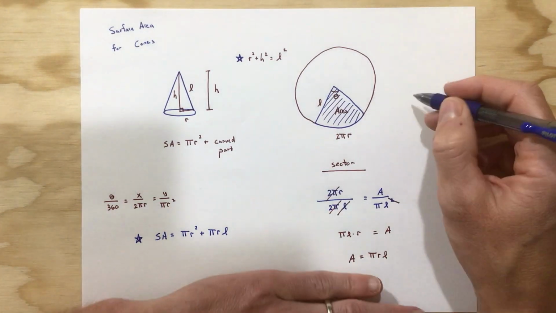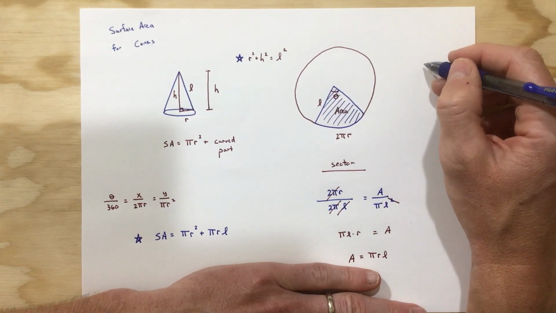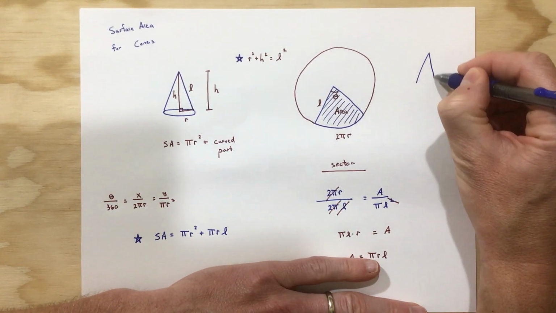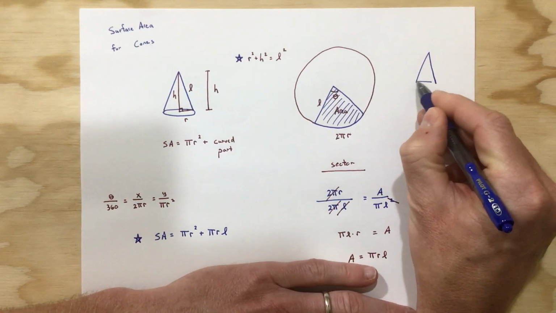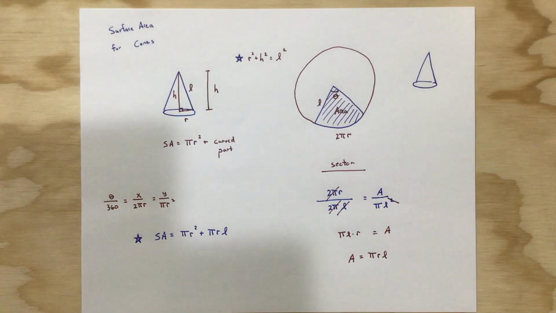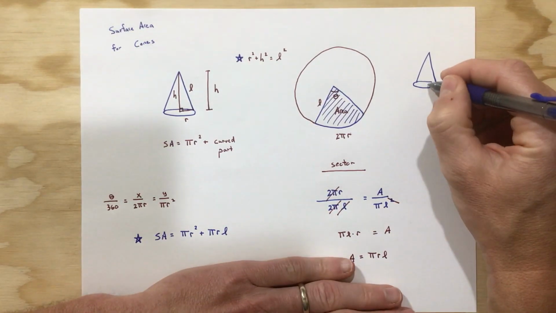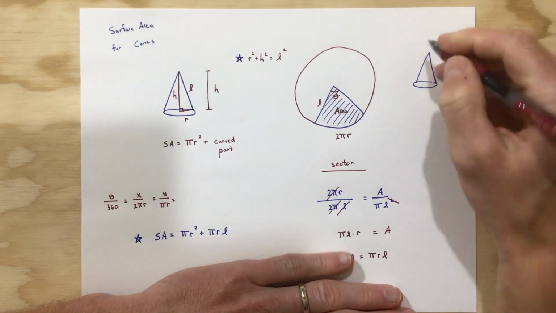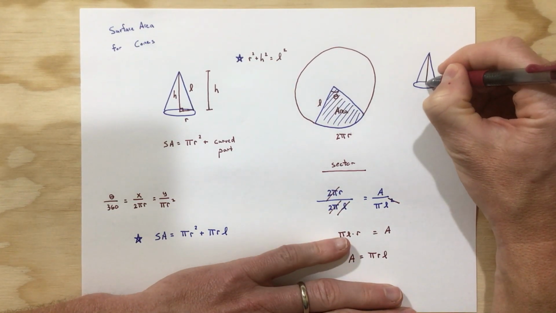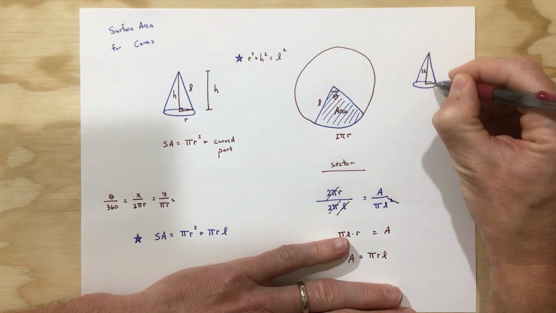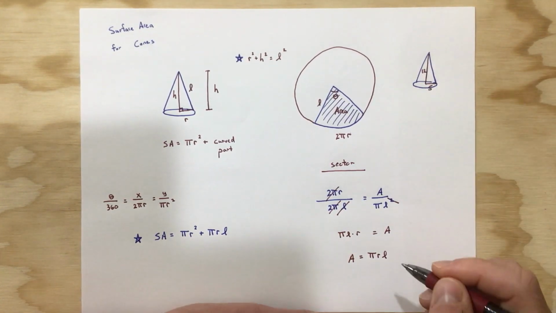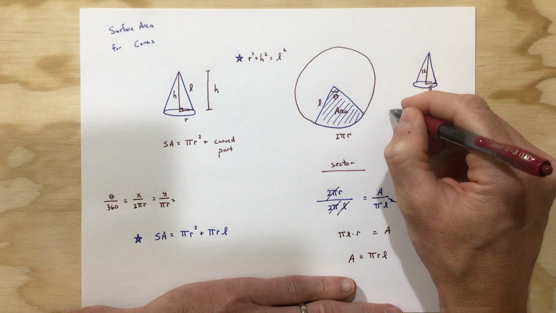Okay, let's do maybe one quick numerical example. Let's say I know that the height of the cone is 12 and the radius is 5. Now I did pick nice numbers there, so let's find the surface area.